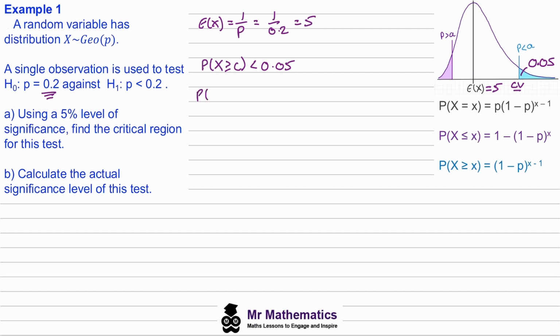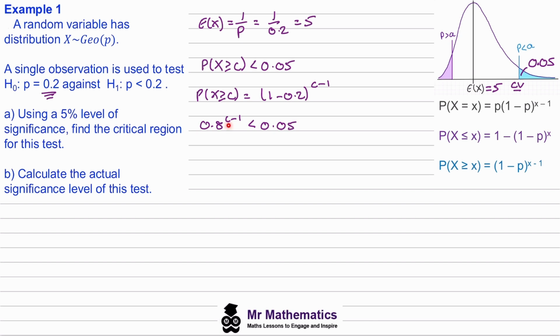So the probability of x being greater than or equal to c will be equal to 1 minus p, so 1 minus 0.2, to the power of x minus 1. And we know x is c. And then we know that this has to be less than 0.05. So we have 0.8 to the power of c minus 1 must be less than 0.05.